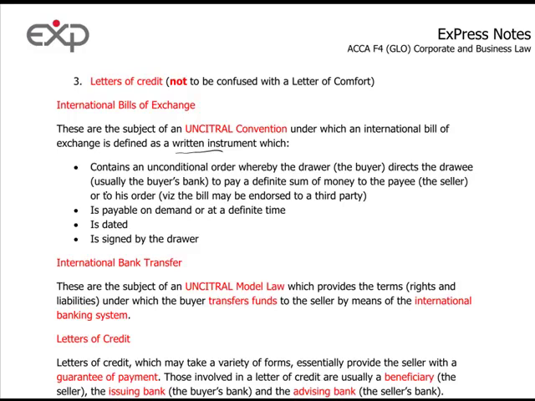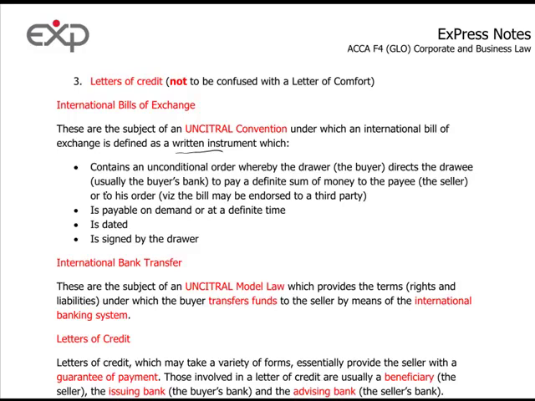It's payable on demand, is dated and is signed by the drawer. In other words, before the goods have even left for the other side, both sides know who's going to pay, which bank, when and how, and it's guaranteed, and makes the vendor or the seller feel more comfortable they're going to get paid for the goods that they're moving across international waters.